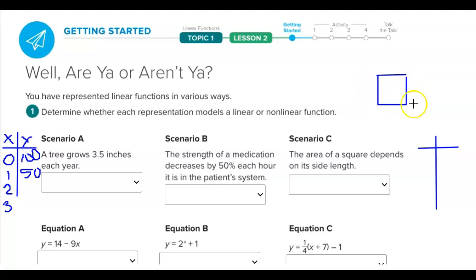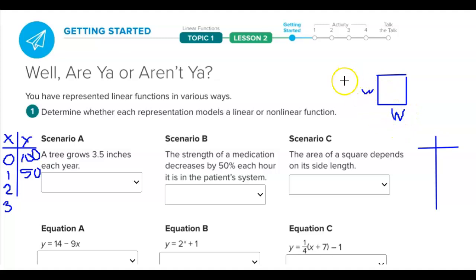So all of these sides are the same length because this is a square. The area of a square is the length times the width, like all rectangles. But since this is a square, we don't have two different numbers. We have numbers that are the same.